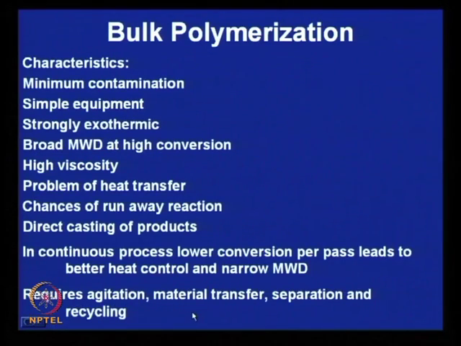I mean that there may be 70% unreacted monomer, that 70% unreacted monomer should be separated, purified and then transferred or recycled to the first reactor, so that there is no loss of monomer raw material.